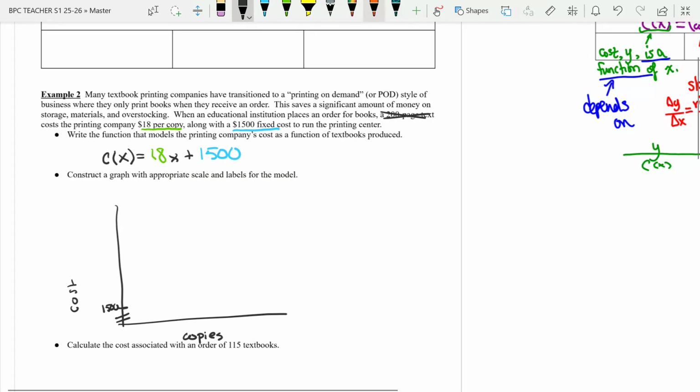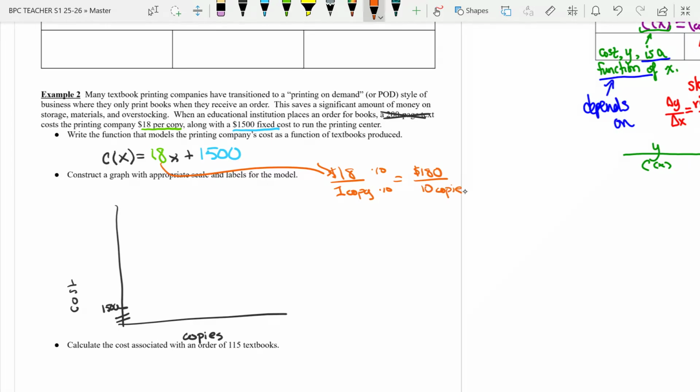Then for what I count by, I'm going to take this $18 per one copy and multiply it by 10, because 10 copies is way more realistic. So I'll get $180 per 10 copies. So if I'm counting by tens here, this one can count by 180s.